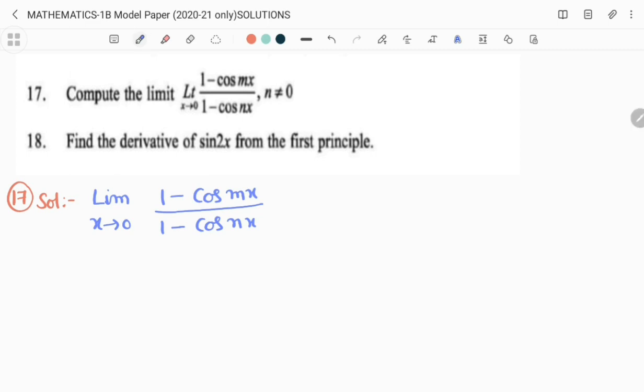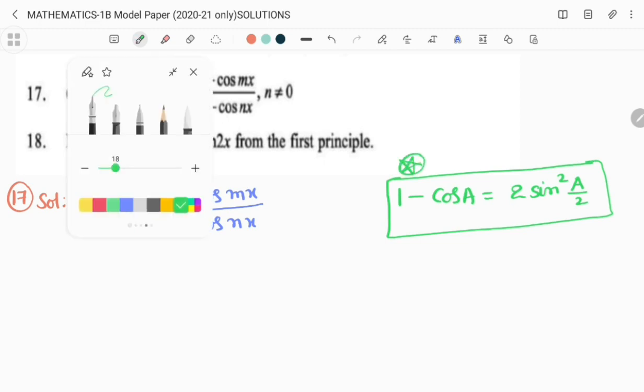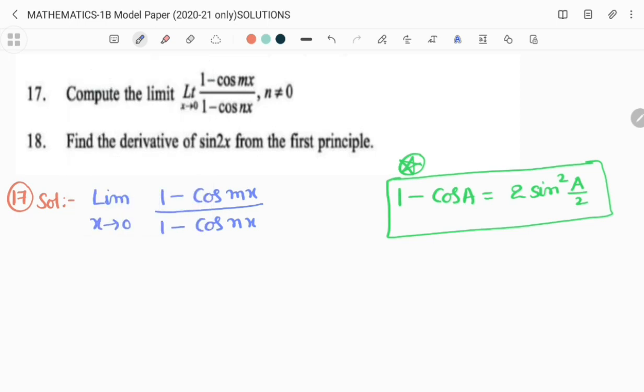Here, the numerator and denominator are in the form of 1 minus cos A. 1 minus cos A is equal to 2 sin square A by 2. This formula here we are going to apply. So by using this formula, this limit becomes limit x tends to 0, 1 minus cos mx. Here A is there, means half of the angle we got it.